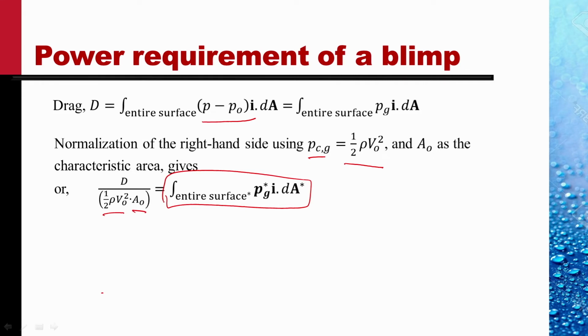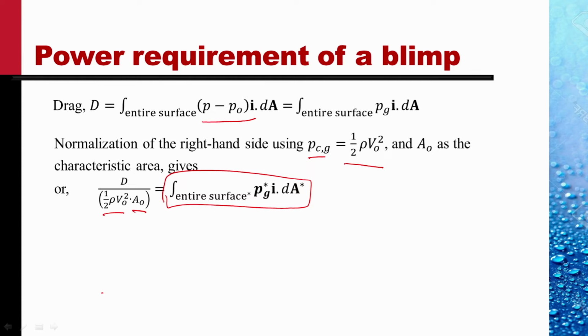Now notice that this is in terms of values which are normalized. When the flow over the model blimp is the same as flow over the prototype blimp, the values of the normalized variables are identical.